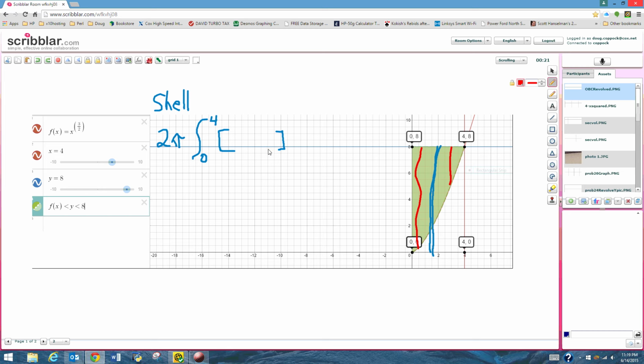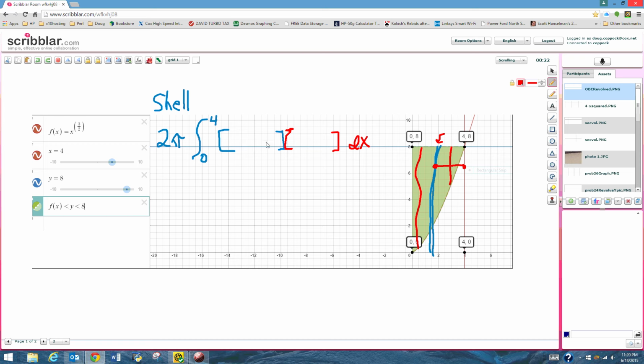Then we take that times what we call the average radius, which would be the distance from the axis to the center of the shell. So an expression for that distance is what goes in here. And finally, the width of the shell is represented by the width of the rectangles, whose widths are getting smaller and smaller, so that'll be dx.